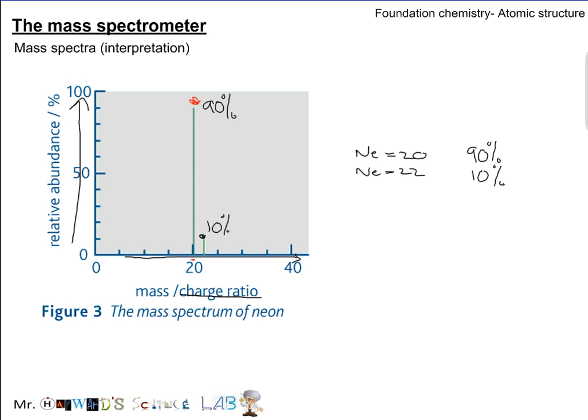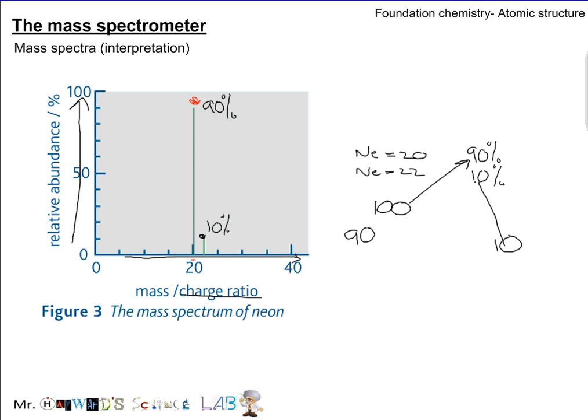Okay, so we know we've got, if we had 100 neons, so this is instead of using percentage, if we had 100 neons, 90 of those neons would be neon 20. And if we had, again, 100 neons, 10 of those would be neon 22. So we're going to try and work out the relative atomic mass of neon.